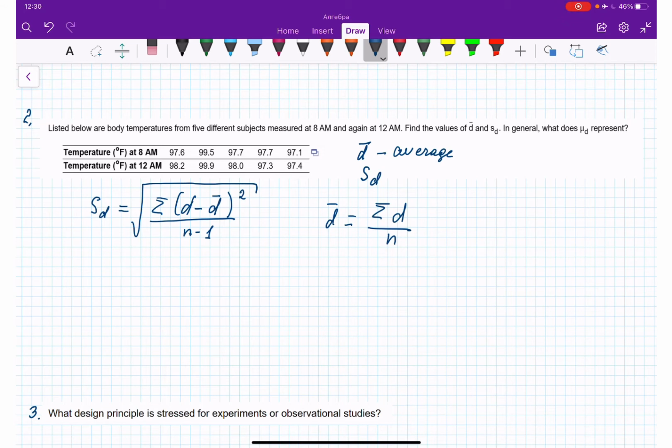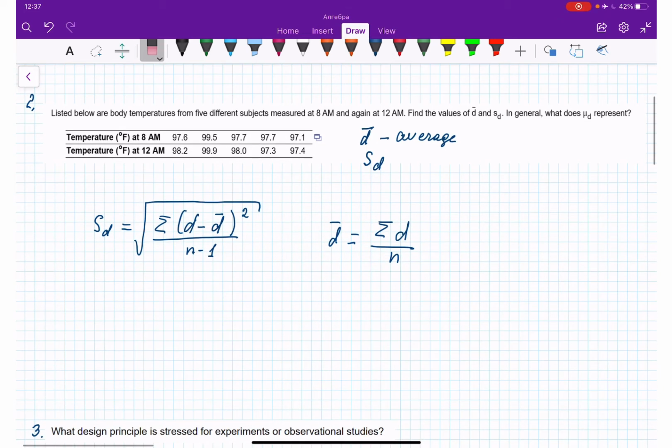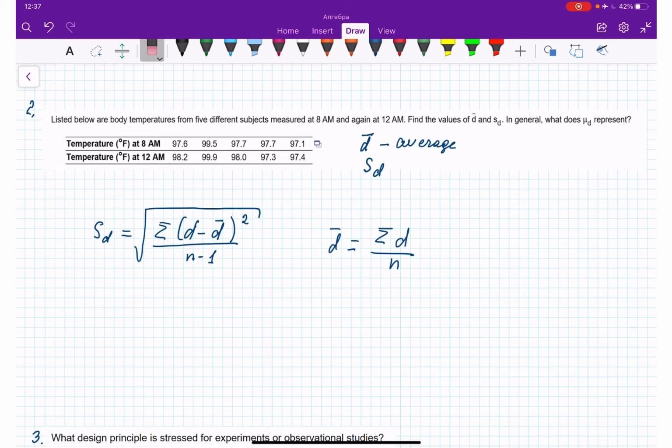Okay? So, to start solving, this is what we're going to do, and this part I have on an Excel template. So first thing first, we are going to go to the Excel spreadsheet and fill out the gray area, the temperature at 8 a.m., all these 5 data, and the temperature at 12 a.m. also in there.